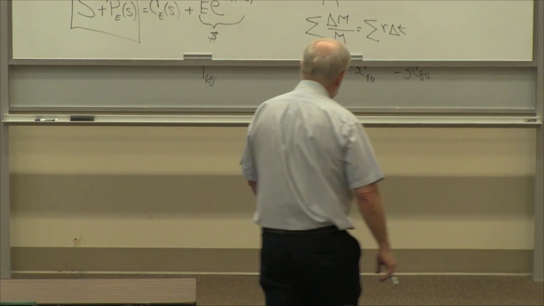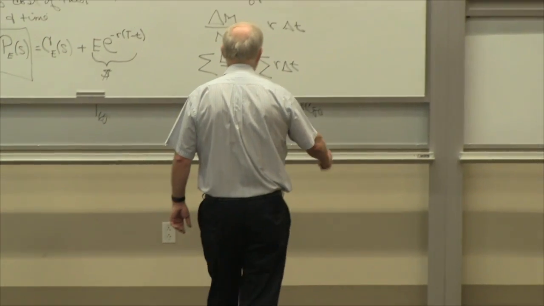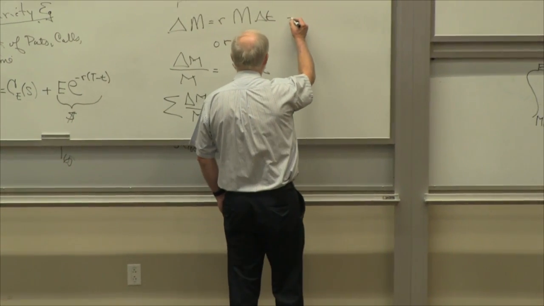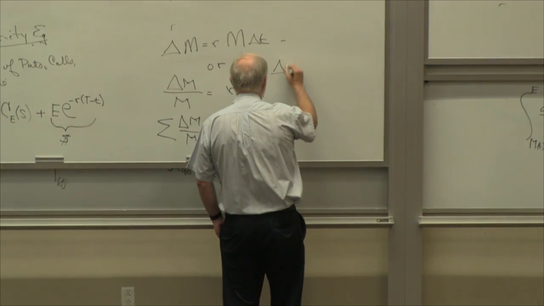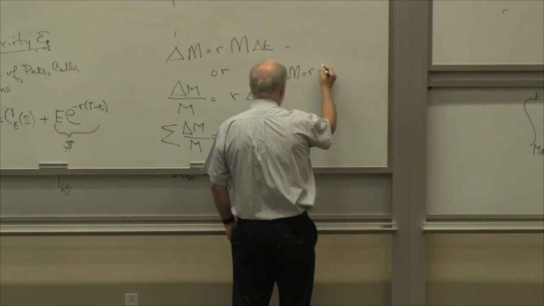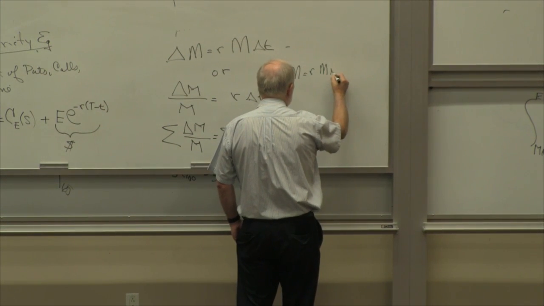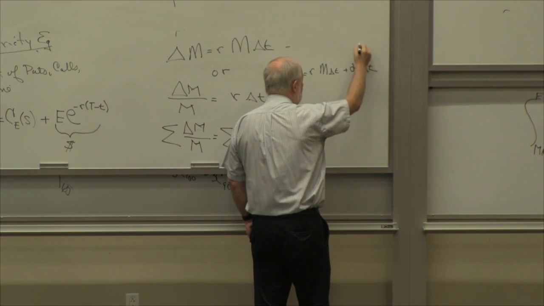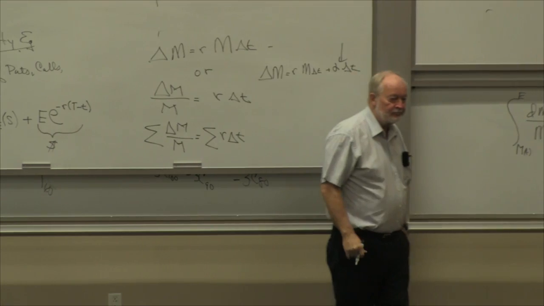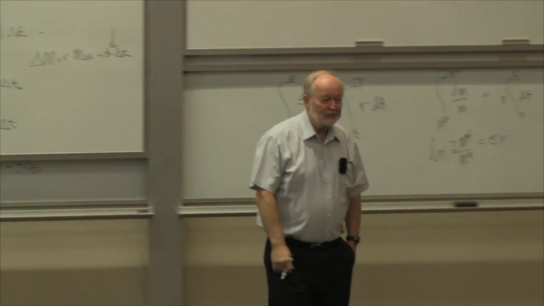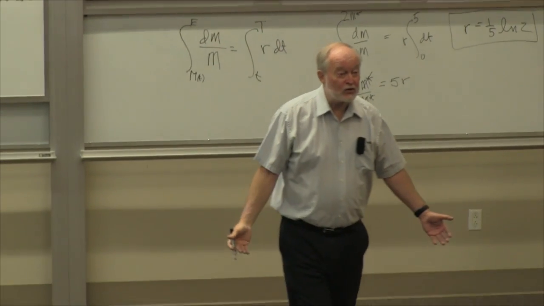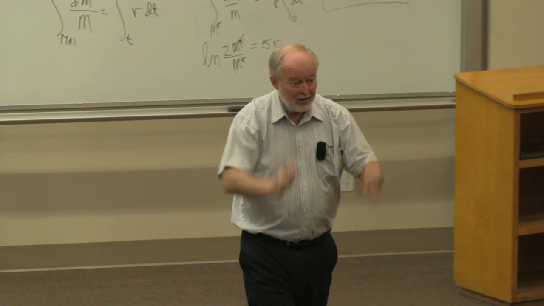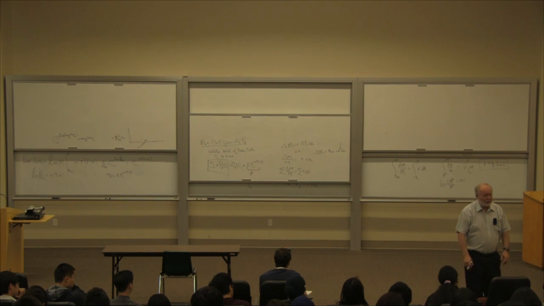But what I have is the following equation. The change of money is r M delta t plus alpha delta t, the amount coming in from your grandfather. Now you have a different equation. If you just know how to do the one equation, you're nailed.